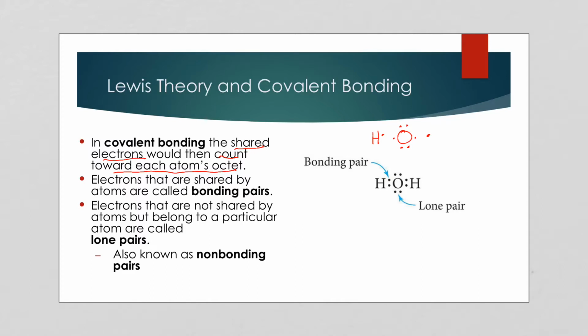Again, it's not really crucial which side the pairs are on and which side the single one's on. It's that we have two sides that are paired up, two sides that are not. And we can sort of imagine these two things coming together to form a sharing here and a sharing here.